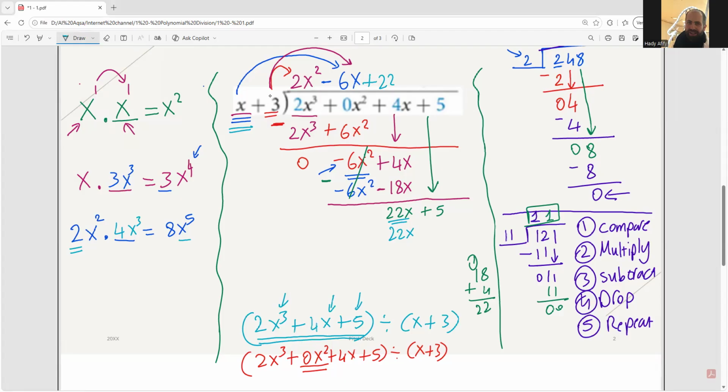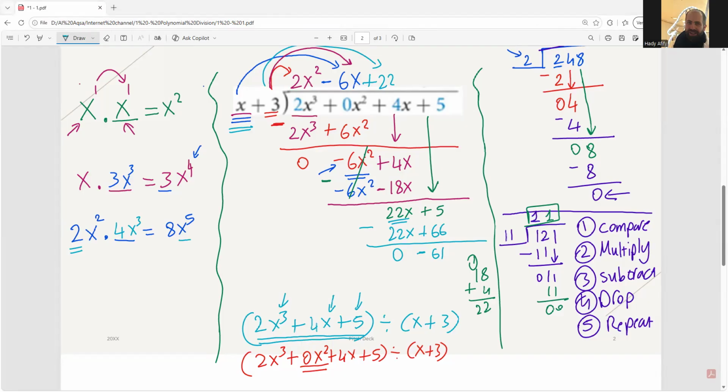And then I'm going to multiply 3 by 22, and you're going to get plus 66. Going to subtract: 22x minus 22x will be 0. And then 5 minus 66 will be negative 61.